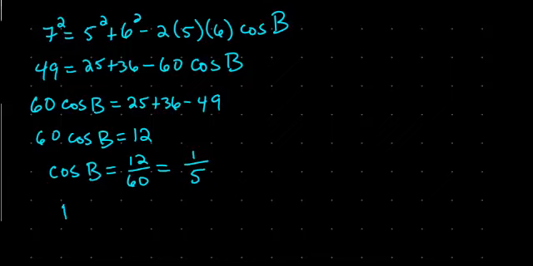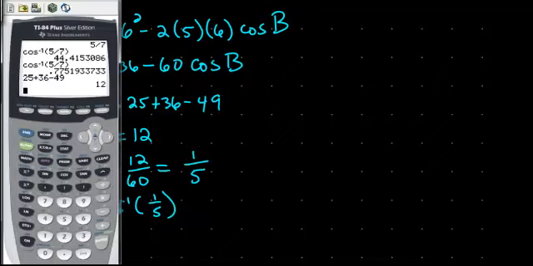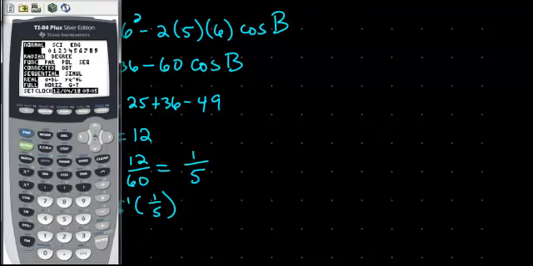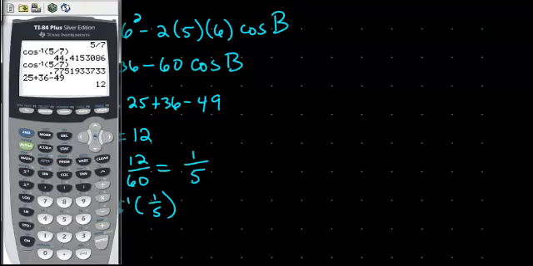That's going to tell me that B equals the inverse cosine of 1/5, and I'm going to stick with degrees for this problem. So mode, go to degrees, enter. I'm going to do the inverse cosine of 1/5. Second cosine 1 divided by 5.